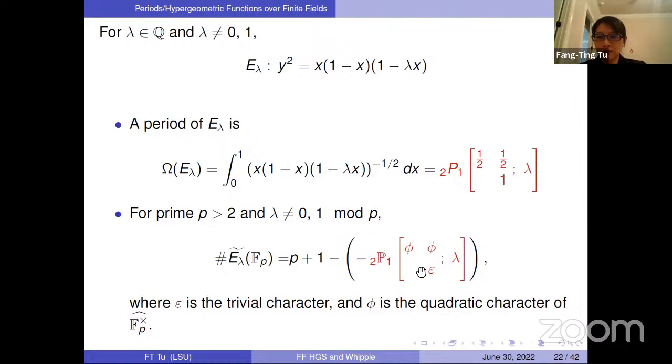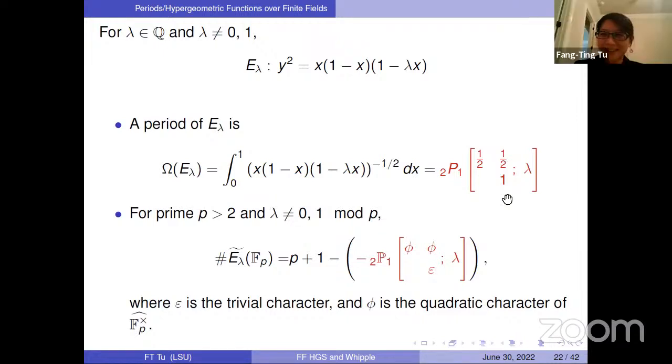And the epsilon here, the trivial character, is the finite field analogue of the integer 1 here. So they are exactly the same thing. Okay. All right. So now we have one function.